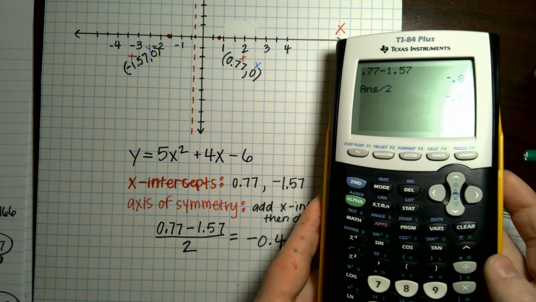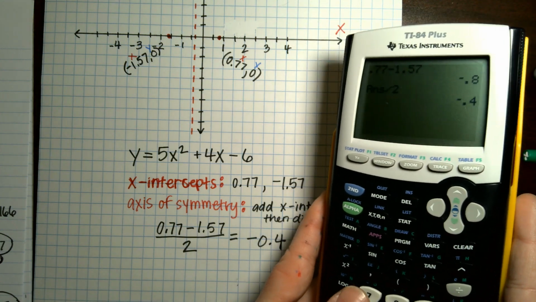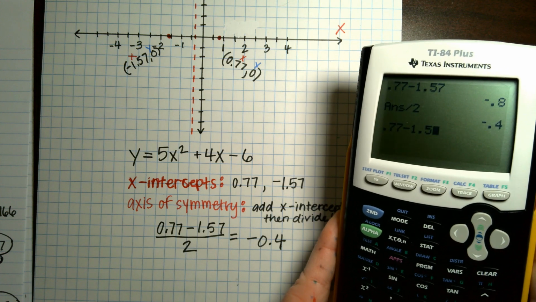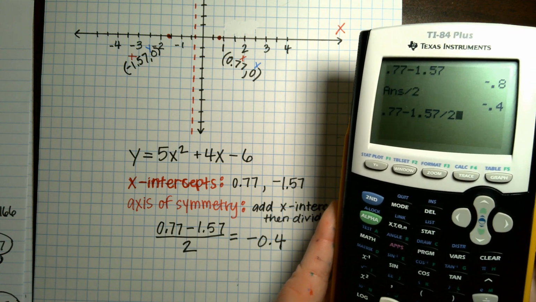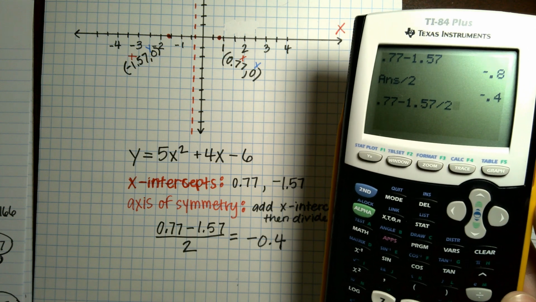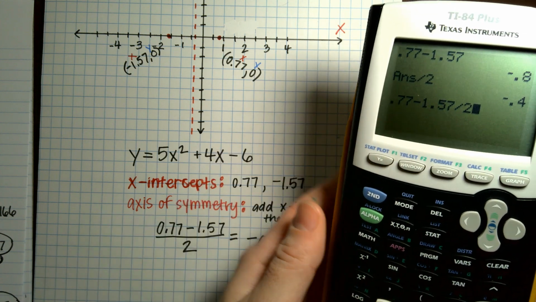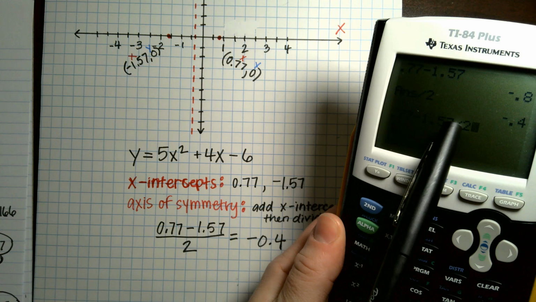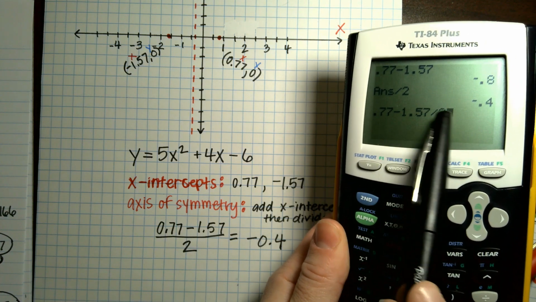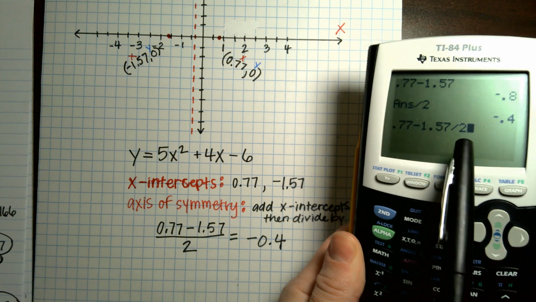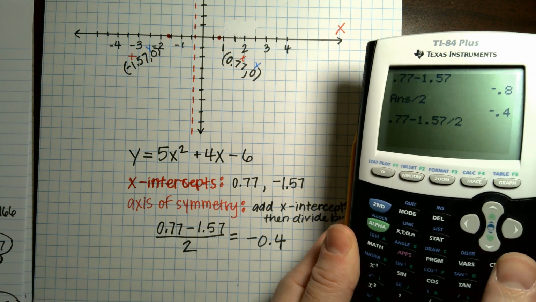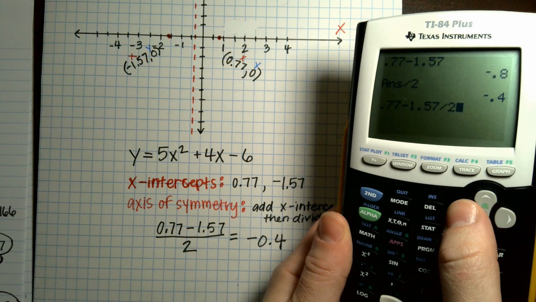So let's show everybody this. If I type in 0.77 minus 1.57 divided by 2, what's wrong with doing it this way? Yes, the order of operations. My calculator is going to divide the 1.57 by 2 first, and that's not what we want to do. We want to do the addition or subtraction part first. We need to put some parentheses in there or do it one at a time.